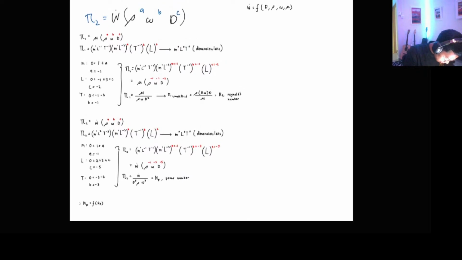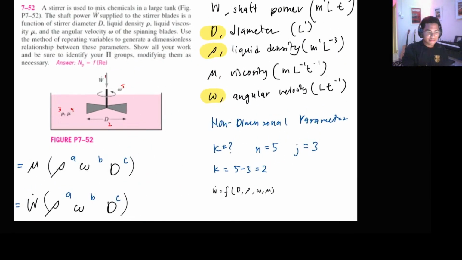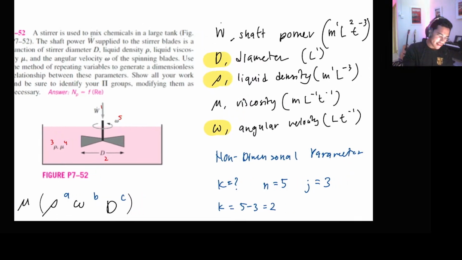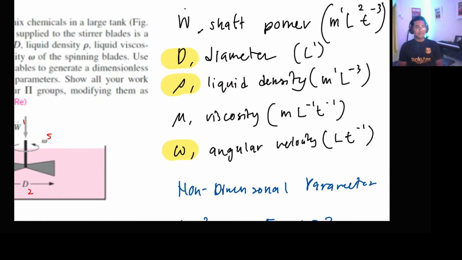Try guessing which one is the dependent parameter. Say in the chat which one you think is the dependent parameter. Shaft power. Okay.